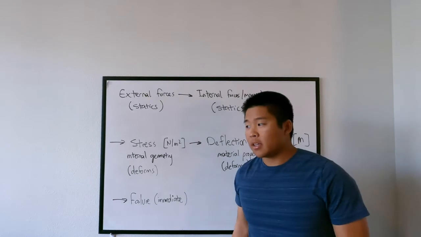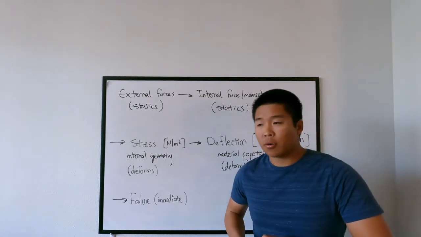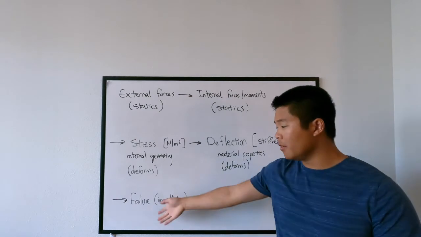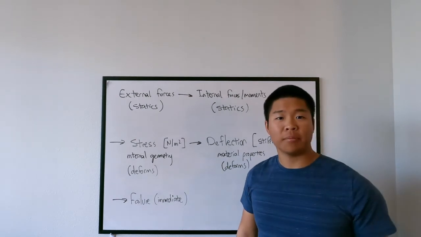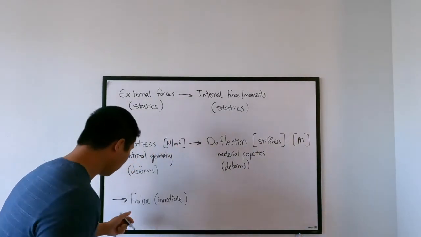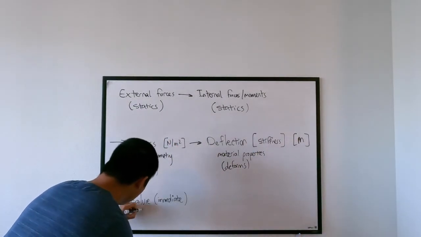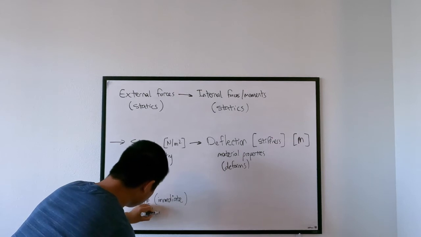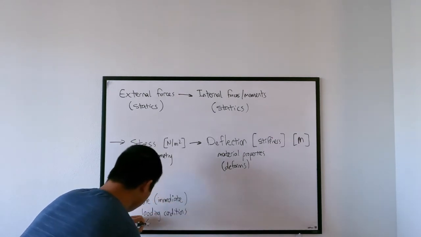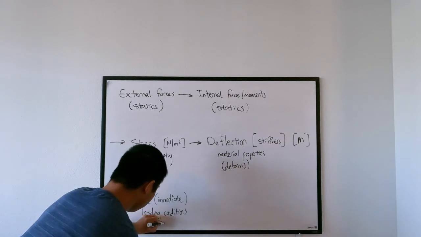Immediate failure basically says, hey, what is the maximum force or stress that this particular thing can hold? If it exceeds that, boom, it's going to fail immediately. It will just fail, right off the bat. So that has to do with loading conditions. Also deforms.